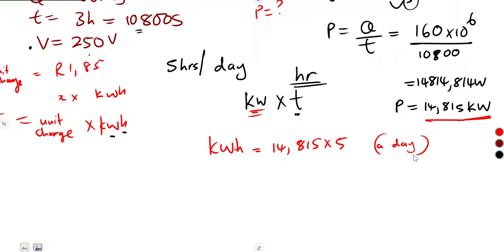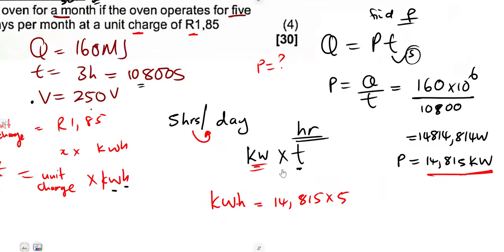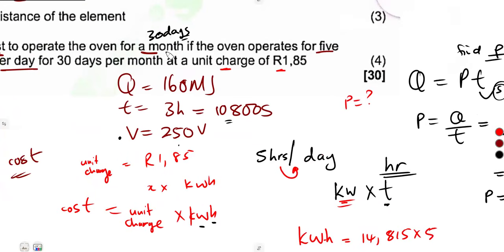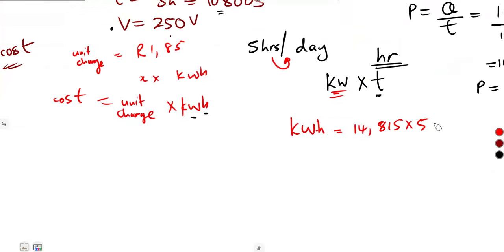All right? So this one is in a day. But we are given that 5 hours per day in a month. Where did I write that month, guys? All right, here. In a month. For a month, we've got 30 days, according to what we're given. So we have to multiply by 30. This is for 30 days, a month.